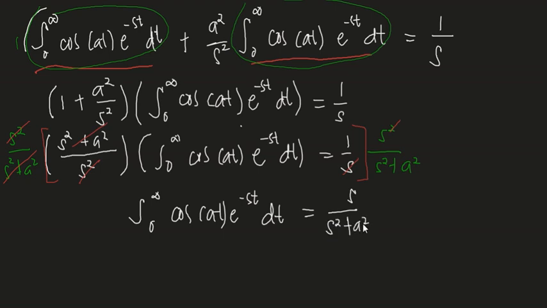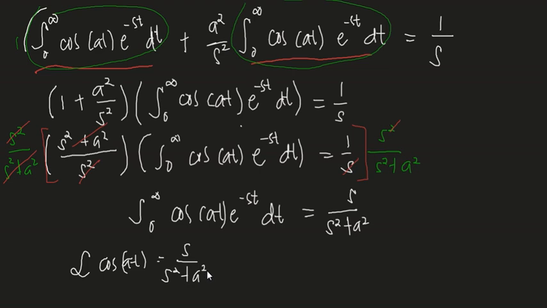So our answer will be s all over s squared plus a squared. So take note that this is for answering the equation in cosine at. So this is equal to s all over s squared plus a squared.